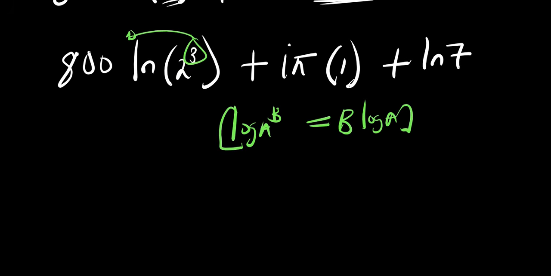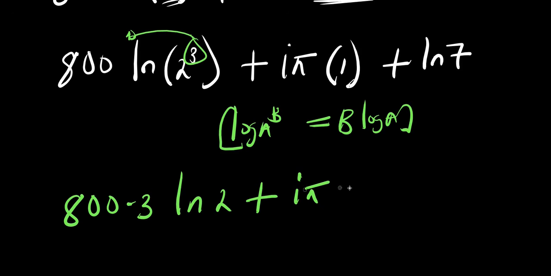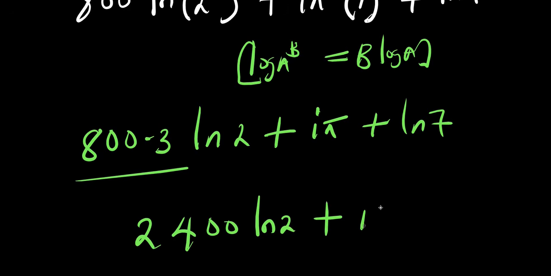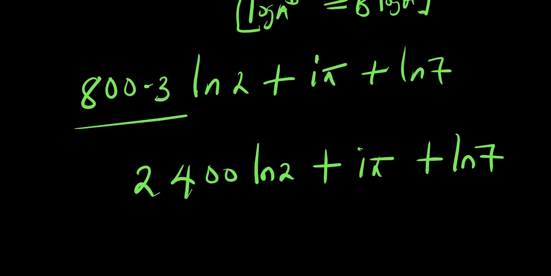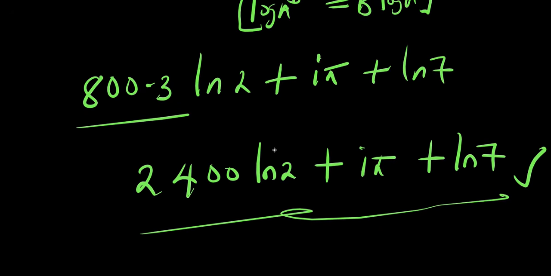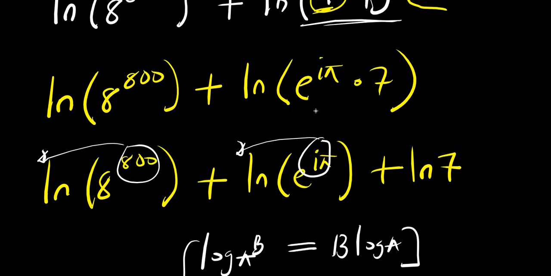So you definitely have 800 times 3 times natural log of 2 plus i times pi plus natural log of 7. From here, 800 times 3, this will give you 2400 natural log of 2 plus i times pi plus natural log of 7. So this becomes our answer based on this particular method.